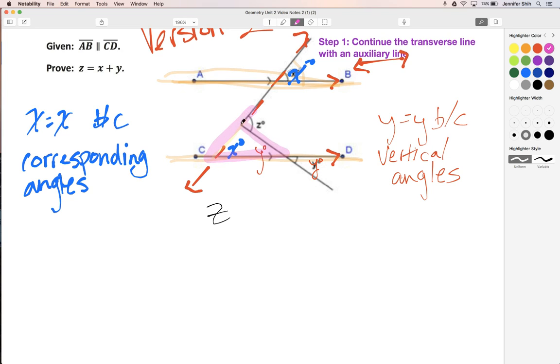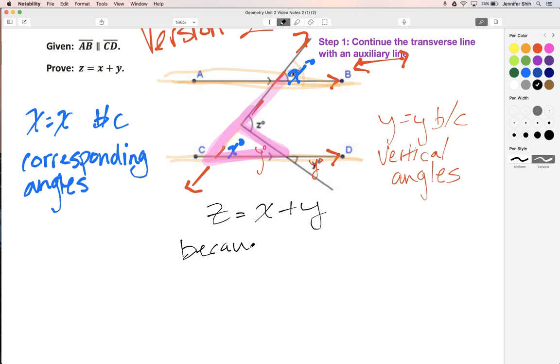You see this? Okay. This is the angle I'm looking at. Angle Z is now equal to the interior angles because of the exterior angle theorem.